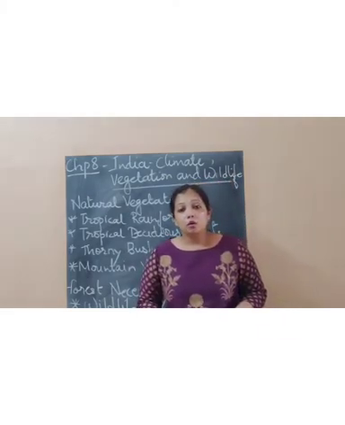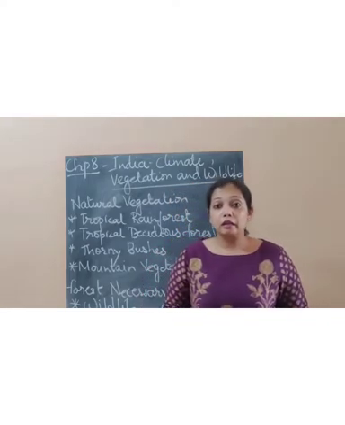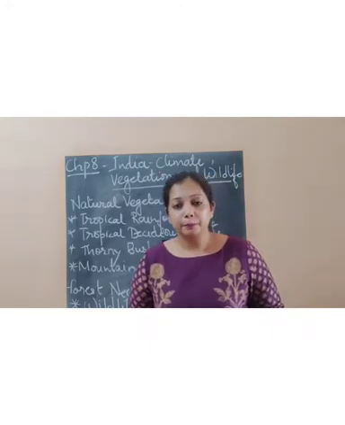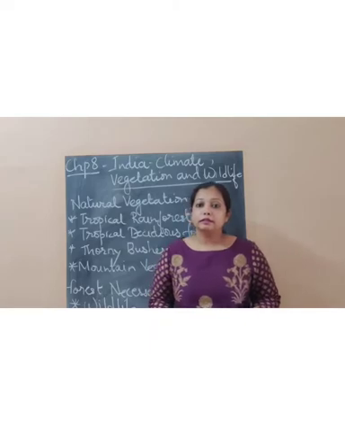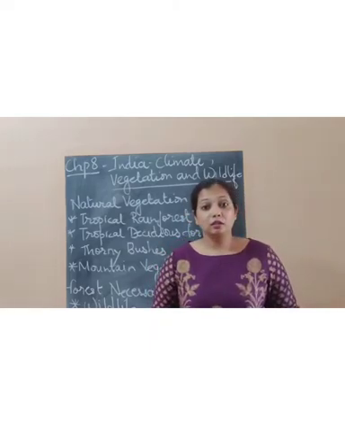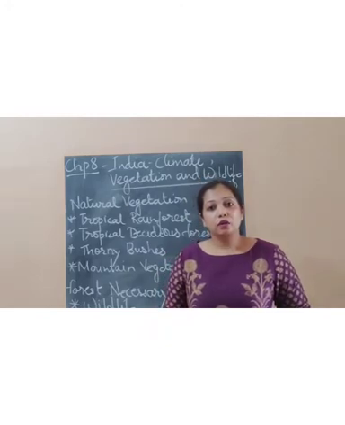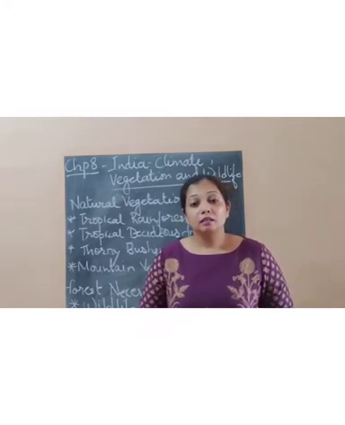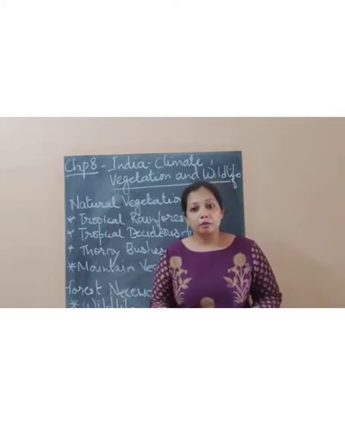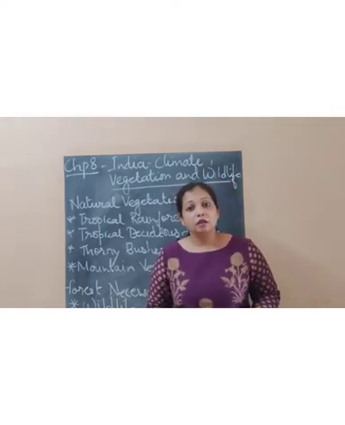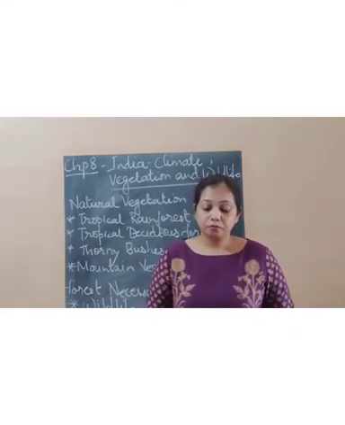Why is it called Evergreen Forest? Because it remains green throughout the year. That doesn't mean they don't shed their leaves. In the rainforest they shed leaves, but not at the same time. That is why they look green all the time, and that is why we have the name evergreen.